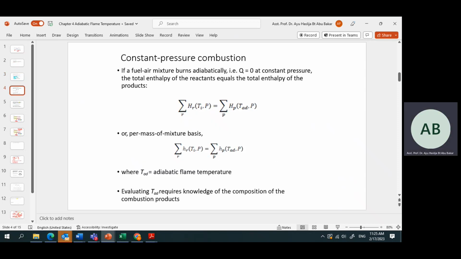This one is for constant pressure. As I mentioned earlier, for constant pressure where Q equals 0, the total heat in the reactant is equivalent to the product. In equals out, at T adiabatic.